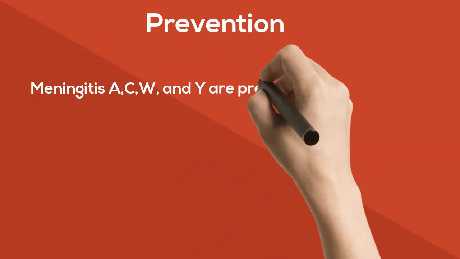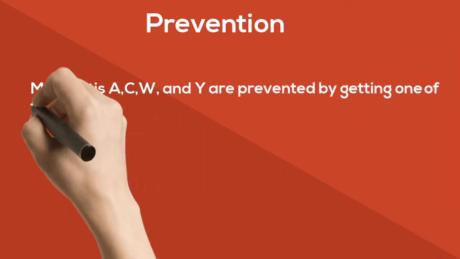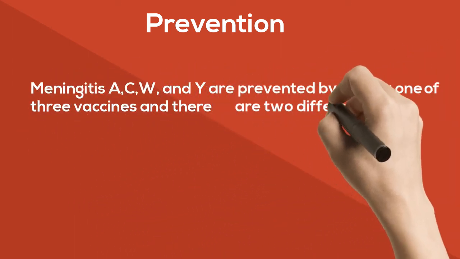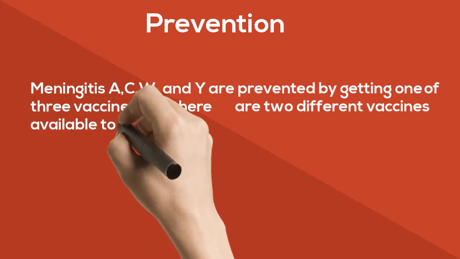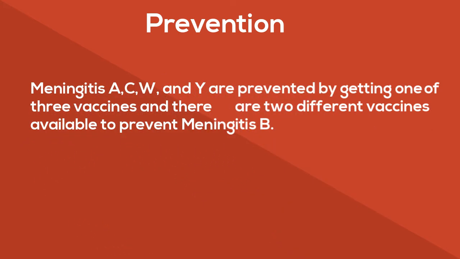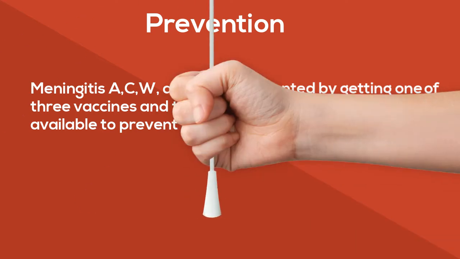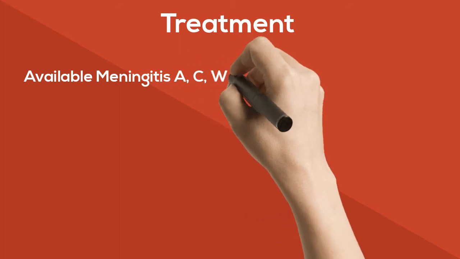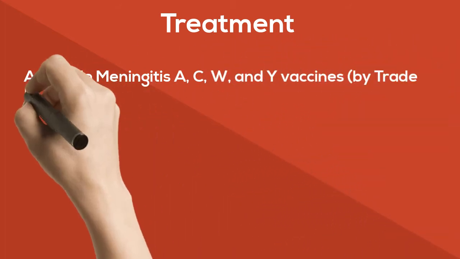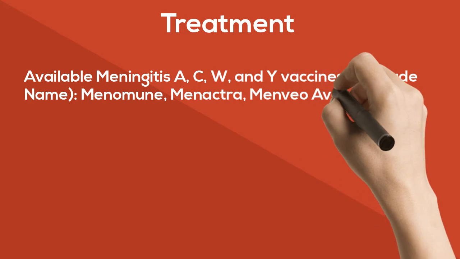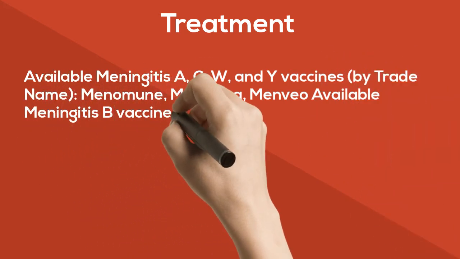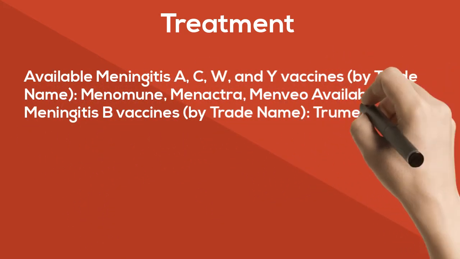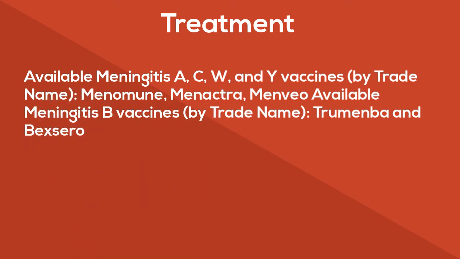Meningitis type A, C, W, and Y are prevented by getting one of 3 vaccines, and there are 2 different vaccines available to prevent meningitis B. Available meningitis A, C, W, and Y vaccines by trade name are Menomune, Menactra, and Menveo. Available meningitis B vaccines by trade name are Trumenba and Bexsero.